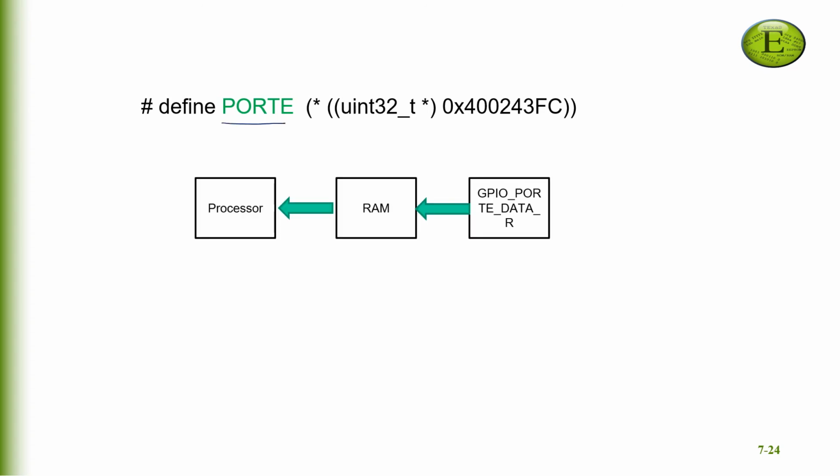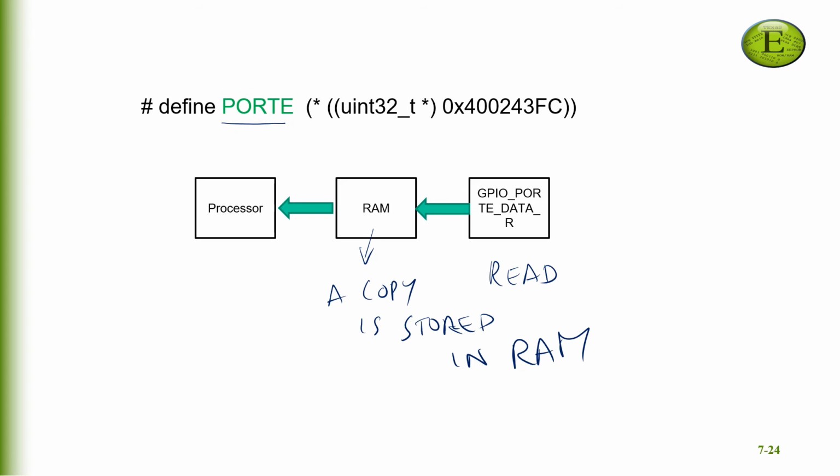So with that, we can reference port E data register using the word port E. And what happens, for example, if we are reading data from port E, then a copy of data is stored in the RAM. And in the next read, it is possible that the microprocessor may just read the copy of data which is already available in the RAM and then process that.